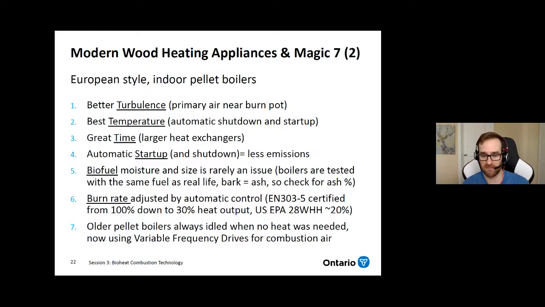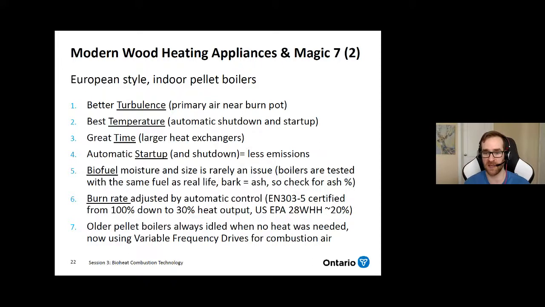And I think the thing here to understand is that the European test method would test down to 30% heat output, and after that the unit would shut off. For the US standard, they try to test down to 20%, but the unit doesn't have to force a shutdown. So it's a tricky spot to be in, and that's why it's quite difficult.